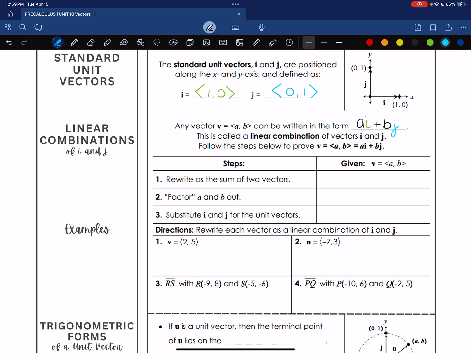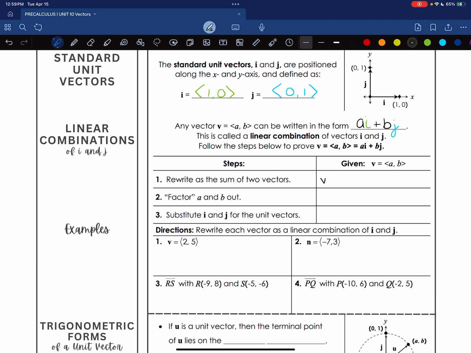And so what I want to show you guys is the proof of why the vector in component form a, b can be written, in linear combination form, as ai plus bj. So here's what we're going to want to do. In order to prove this, we start by rewriting it as the sum of two vectors.